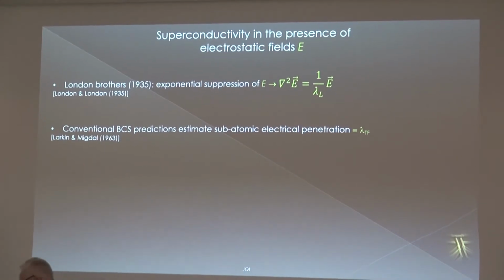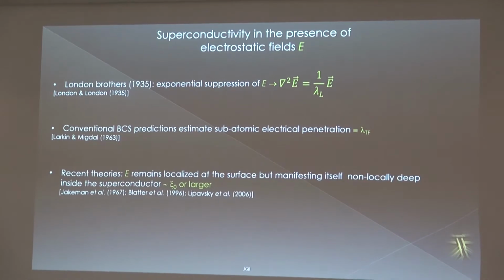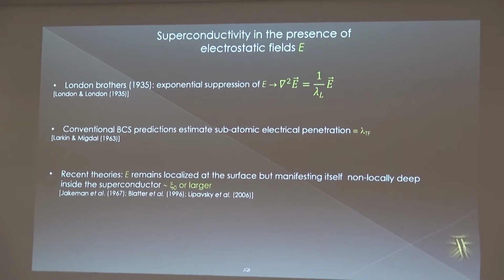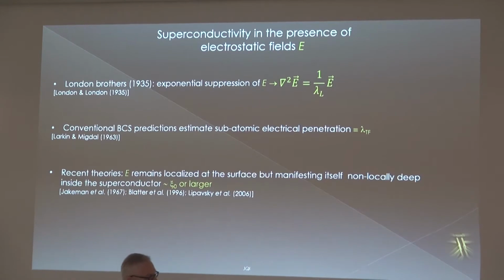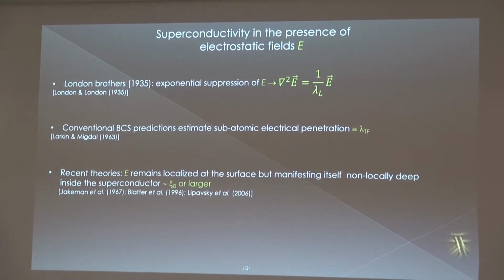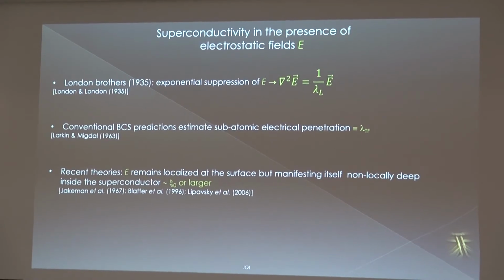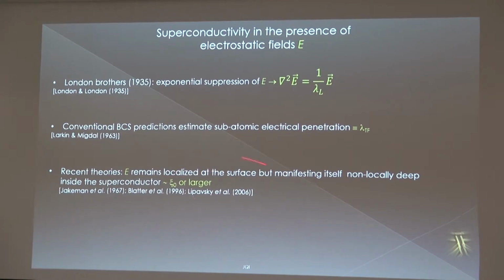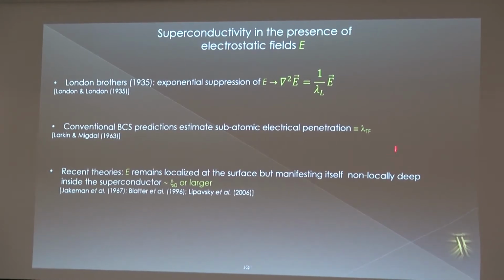On the other hand, more recent theories by Jakeman and Pike, for instance, Blatter and Feigelman, Lipavsky, and so forth and so on. So let's say the very last are more or less 10 years ago. They discussed the possibility of some influence of electrostatic field on a superconducting condensate, okay, in the sense that the electrostatic field remains localized at the surface.